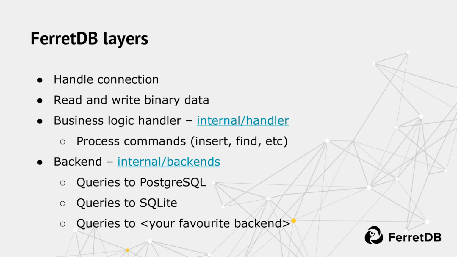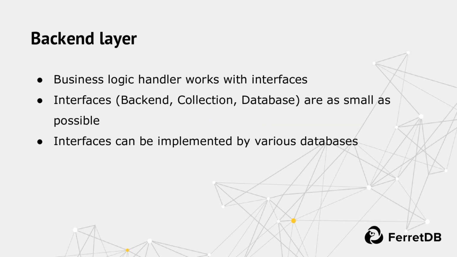Our architecture has some history, and initially we tried to copy the handlers completely. For each database, we wanted to have its own handler, and we figured out that it's not the best approach. It's better to come up with some layers, some better architecture.